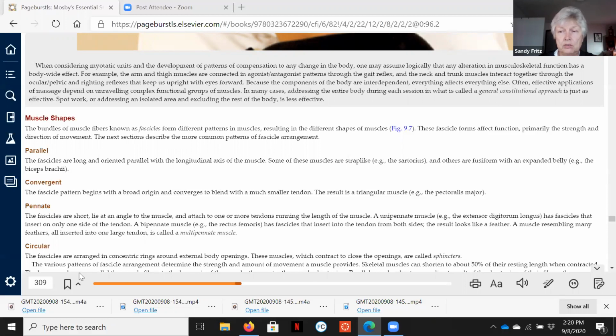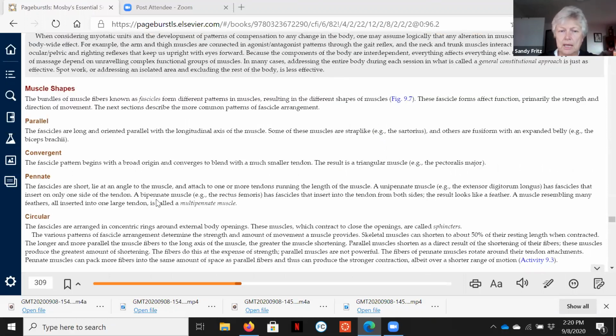So each of these shapes also makes a difference, just like us. I'm built fairly box-like, and that helps me. I can use my body weight and get a lot of leverage back and forth with weight transfer, where somebody who is more lightly put together may not function as well with that.